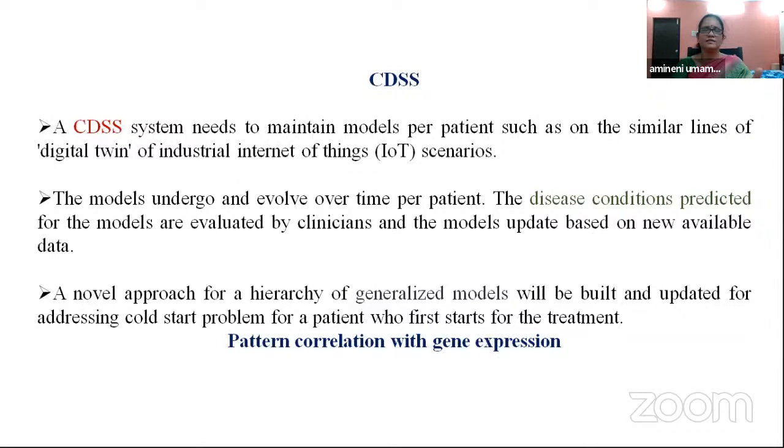And once these patterns are identified, suppose we identify 10 different patterns, meaning 10 different groups present in the breast cancer patients. From each patient, we will take the genome, and we will see the genomic profiles, or we will take the gene expression profiles, and we will identify the targets present in a particular group.